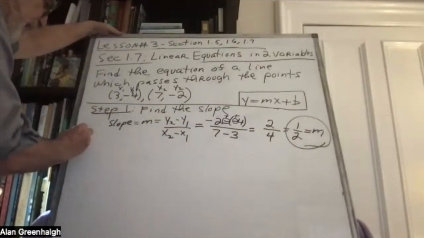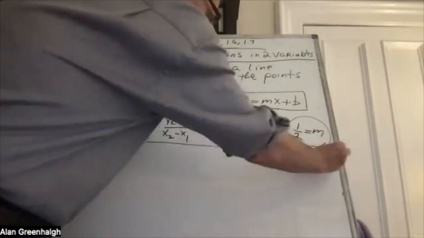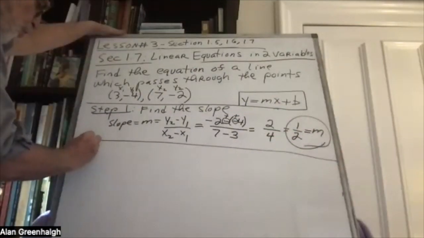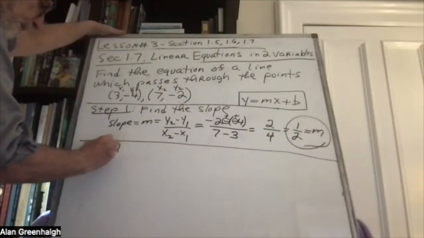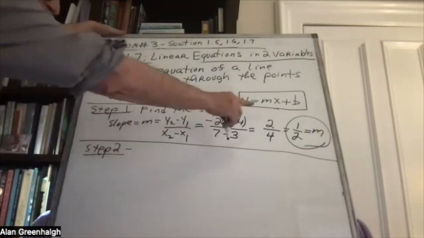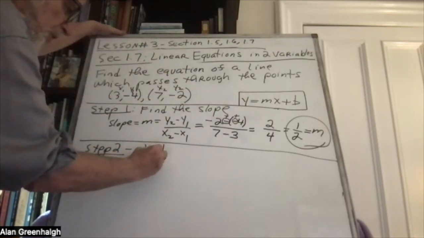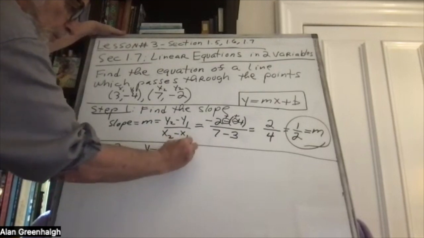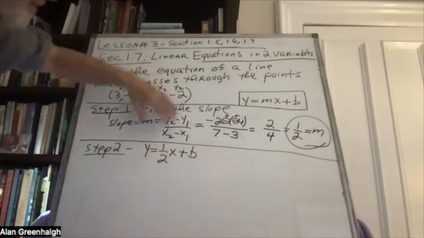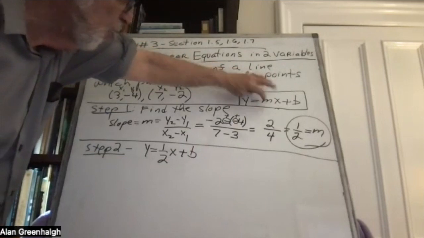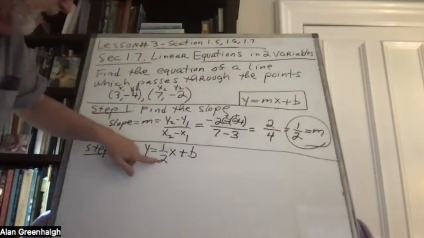So that's step 1. Step 2 is to take that 1/2 and put it back into the equation. So instead of m, we now can substitute 1/2.